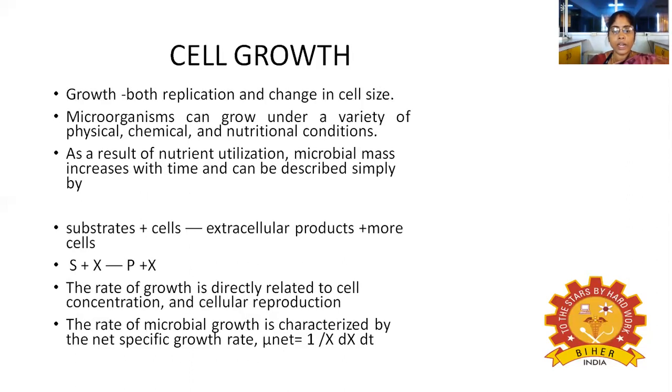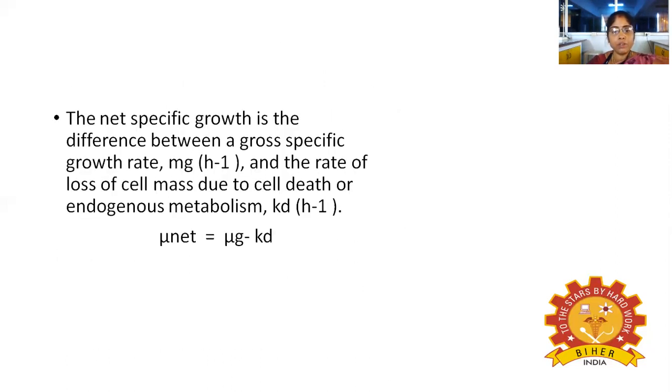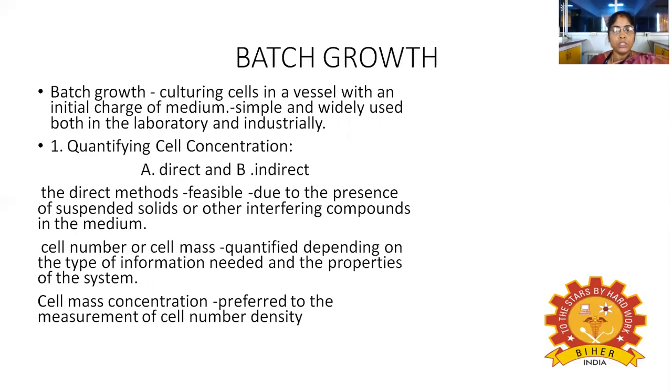When exogenous metabolism is taking place, kd will be equal to 0. So mu net becomes directly equal to mu g. Whatever the gross growth rate is will act as the net specific growth rate of the microorganism.